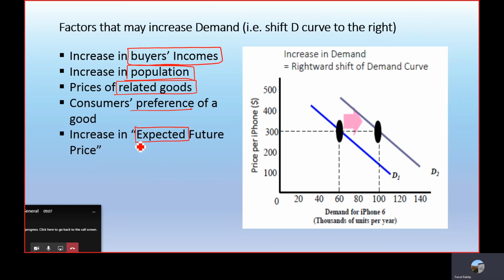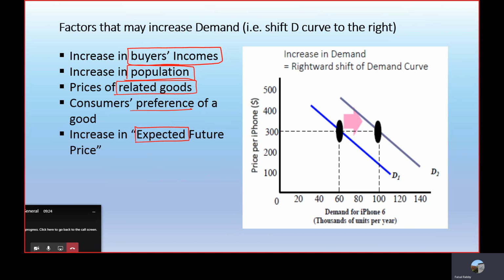Expectation is a very, very important and strong variable that can affect demand. What do we expect about our future job security, future income, future location? All those things can affect what we want to buy today.